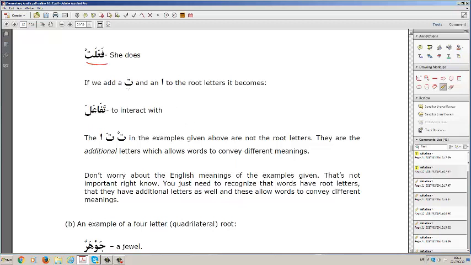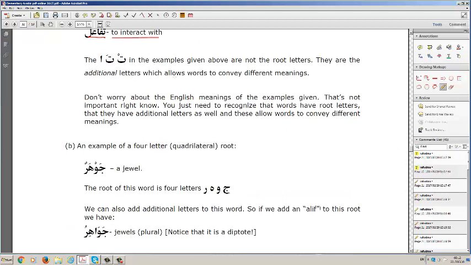If we add a ta here in front of the fa, and we also add another alif in the middle somewhere, this is known as the sixth form of the verb, and you'll come to this. You'll learn. You get the word tafa'ala, to interact with.